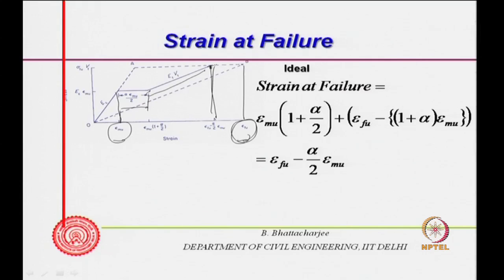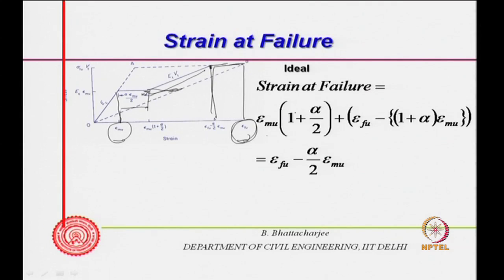By how much? By geometry you can find it out, from here to here, this length. So, it will be epsilon fu minus the increase that has occurred, 1 plus alpha by 2 epsilon mu.